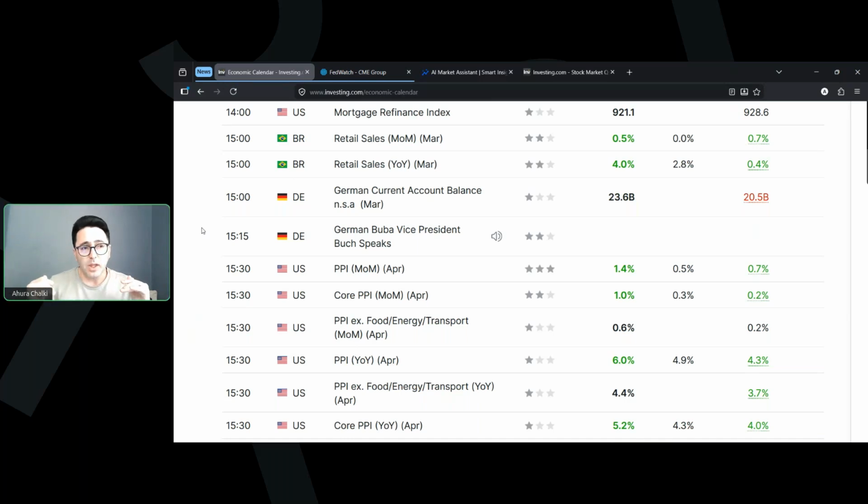So PPI is 1.4% monthly, 6% annually, and even the core PPI increased by 1% monthly and 5.2% annually. Putting these numbers together, they are telling us that even if you exclude energy and oil prices, the prices for production still increased by more than 5.2%.